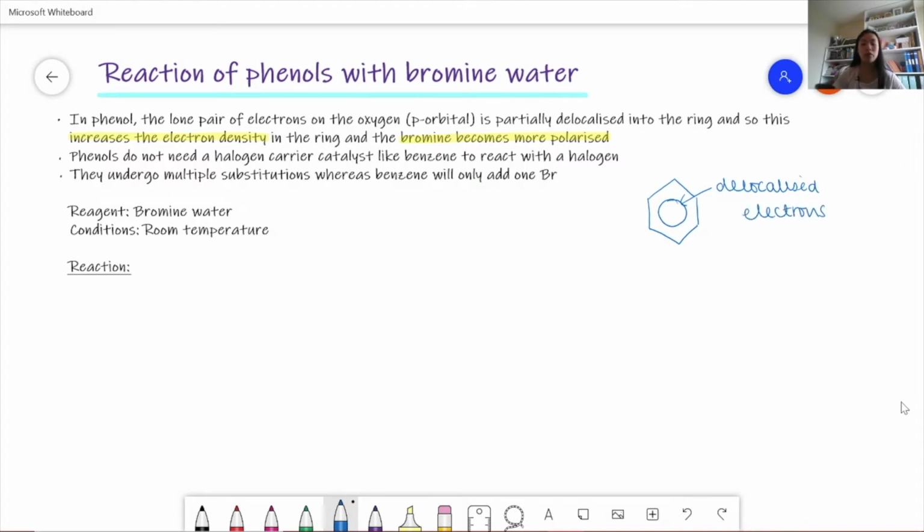But in phenol, we have an OH group here, and the lone pair of electrons on this oxygen are partially delocalized into the ring. So basically we're adding more delocalized electrons into this ring. That's why we increase the electron density.